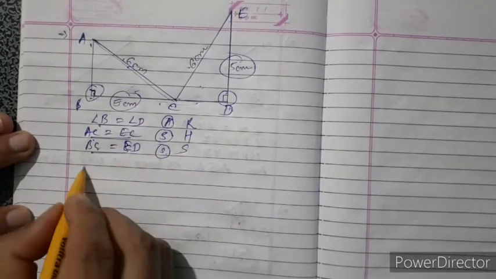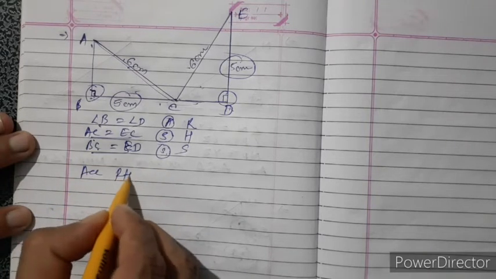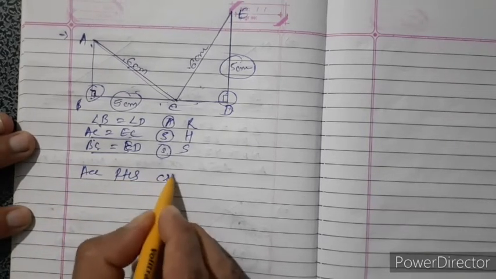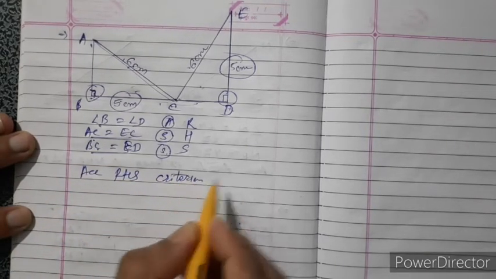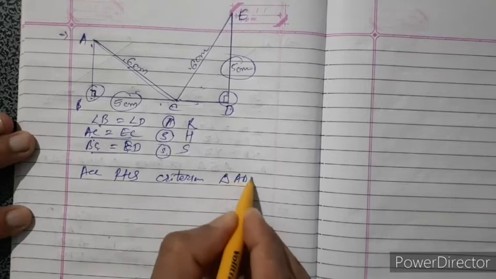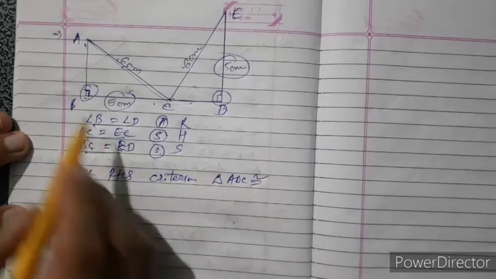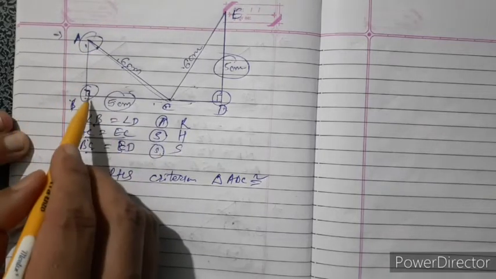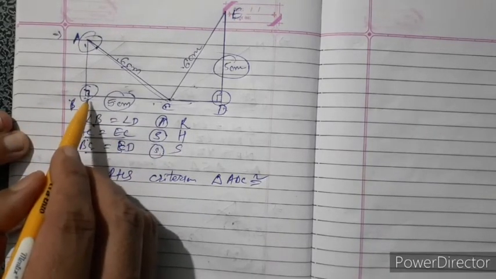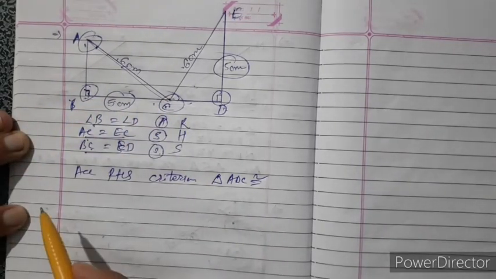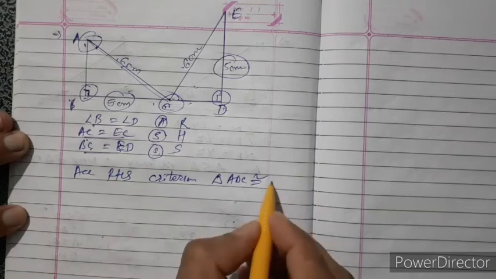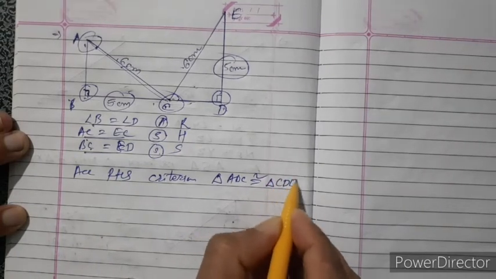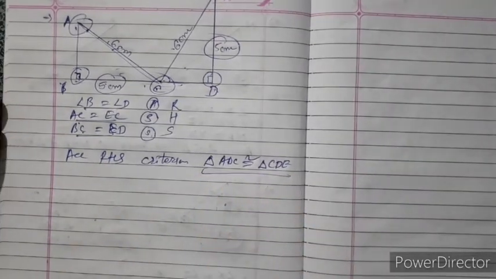So here according to the RHS criterion, triangle ABC is congruent with triangle CDE. A means this angle equals C here. So triangles ABC and CDE are congruent.